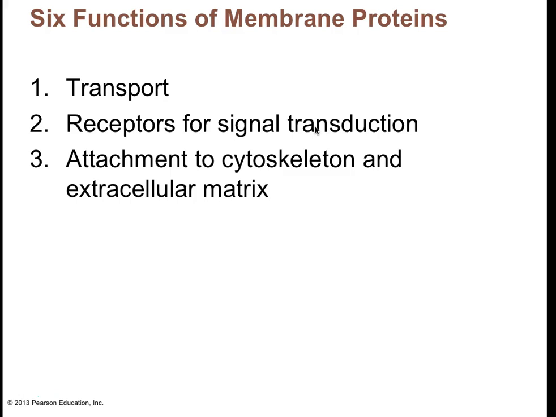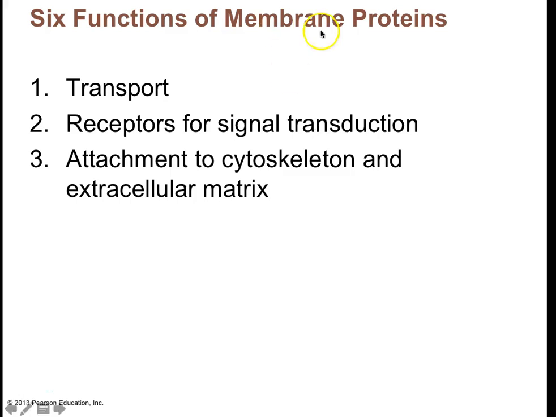And the transduction means that the signal would bind to a peripheral protein, but cause a series of steps that would translate into change within the cell. So that's what's meant by receptors for signal transduction. They're signals that are trying to go across the membrane and change the inside function of a cell.